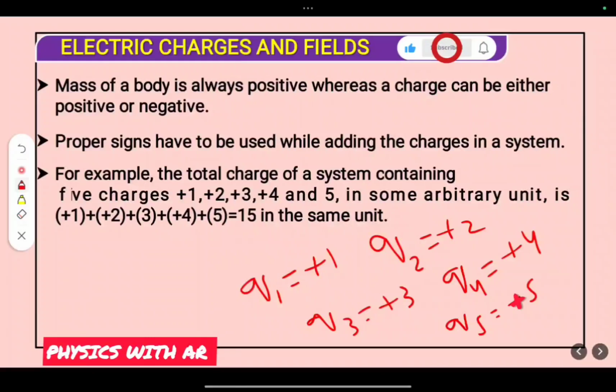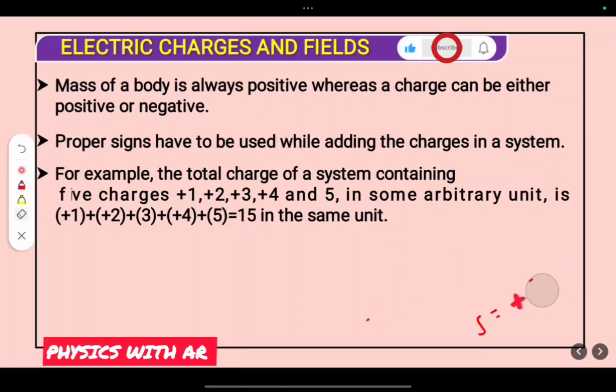If we add all these, in simple form we get +5 coulomb.